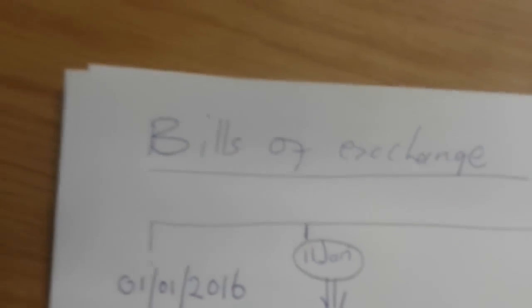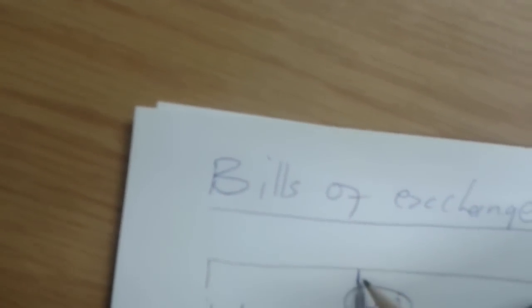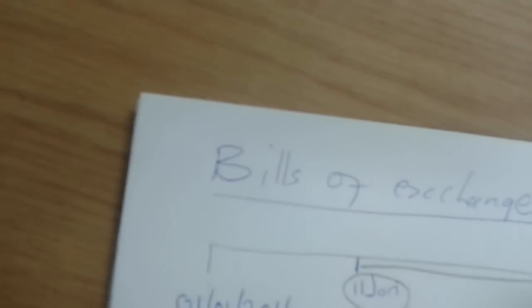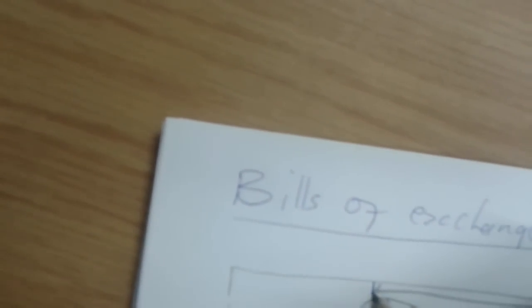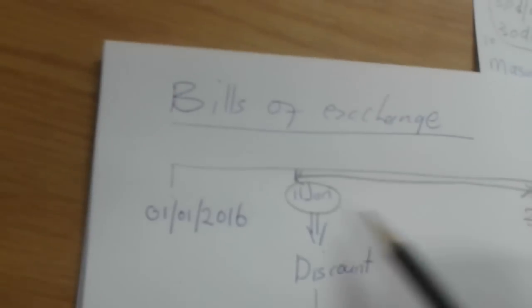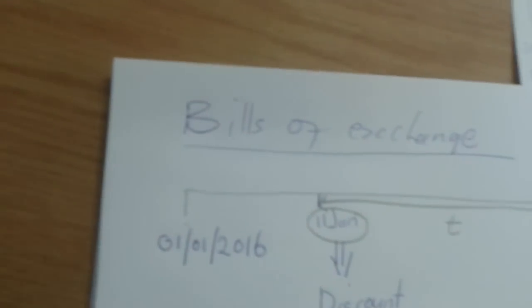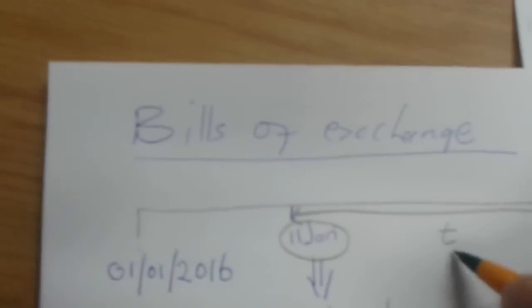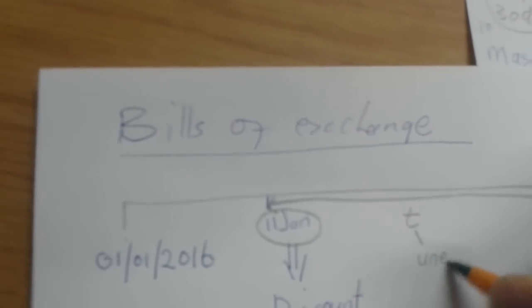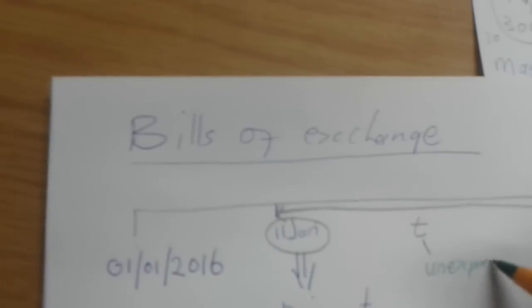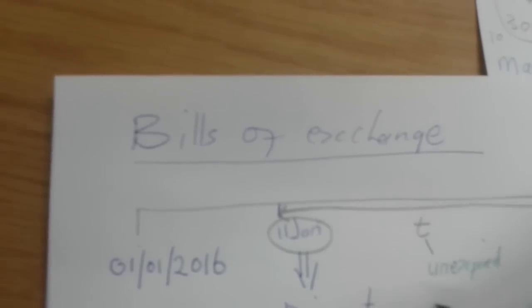We want to know how much is this guy going to get on the 11th? So we need to calculate how many days are there between 11 and 31. How many days were these guys going to wait? If they had to wait up to 31, how many days should they wait until they get their money? So we call that period T, which is referred to as the unexpired period.